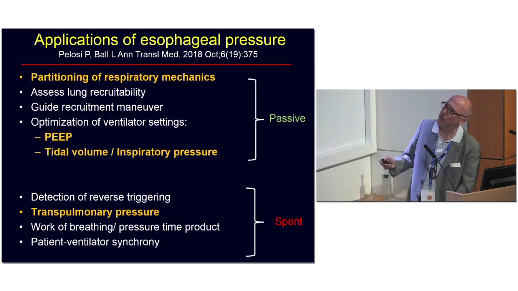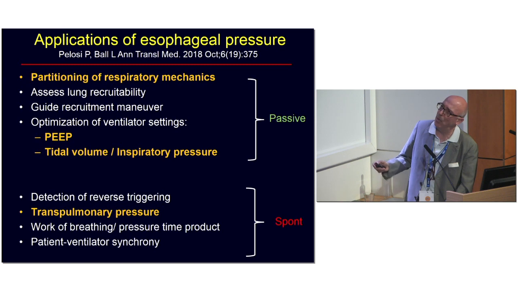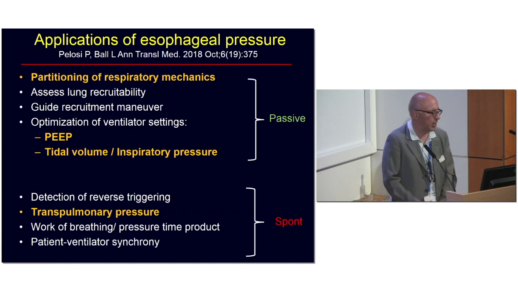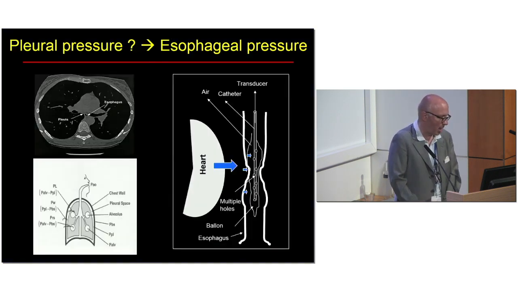Esophageal pressure and transpulmonary pressure may be useful to partition respiratory mechanics, to assess lung recruitability or guide the recruitment maneuver, to optimize the level of PEEP and tidal volume inspiratory pressure in passive condition, and we will discuss just these three items. And in spontaneous ventilation, to better detect reverse triggering, transpulmonary pressure, work of breathing and patient-ventilator synchrony. We will not discuss in detail these issues today.